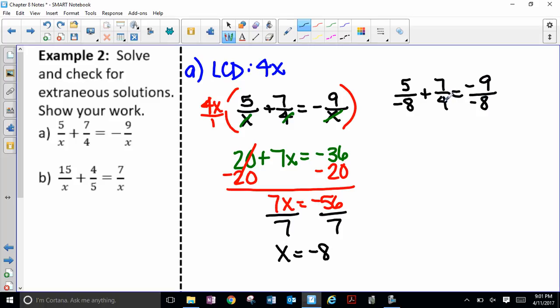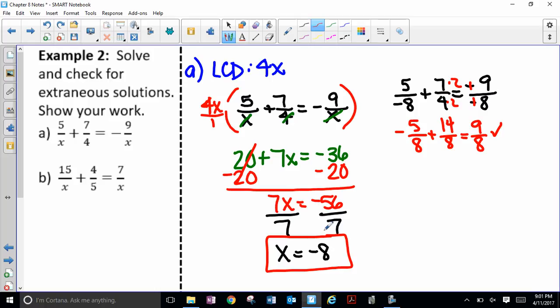So then I would have to change this. So I get negative 5/8 plus 14/8 equals, and then that would be positive 9/8. And that checks because -5 plus 14 is 9, and then you keep this 8. So it works out. So x equals -8 is your answer.